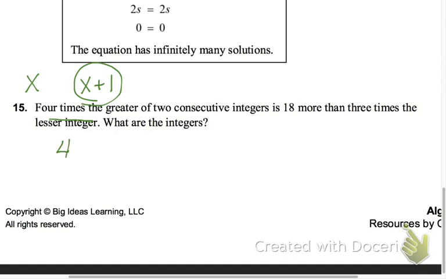So I have 4 times x plus 1 is 18 more than, okay, so what am I going to do with the 18? To what? The x or the 4 times the x plus 1? 4 times the x plus 1, right? So plus 18.